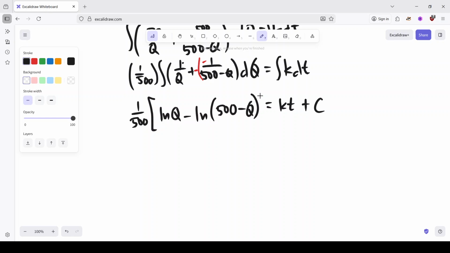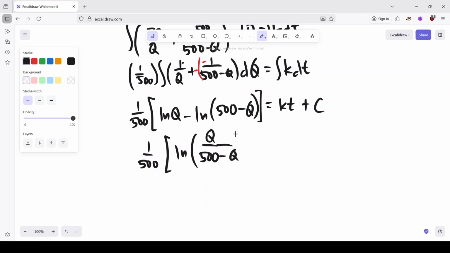Then, on the left side, meron tayong dalawang ln that is separated by a subtraction operation. Pwede natin siya ma-combine. So, maging 1 over 500 times ln of q over 500 minus q.